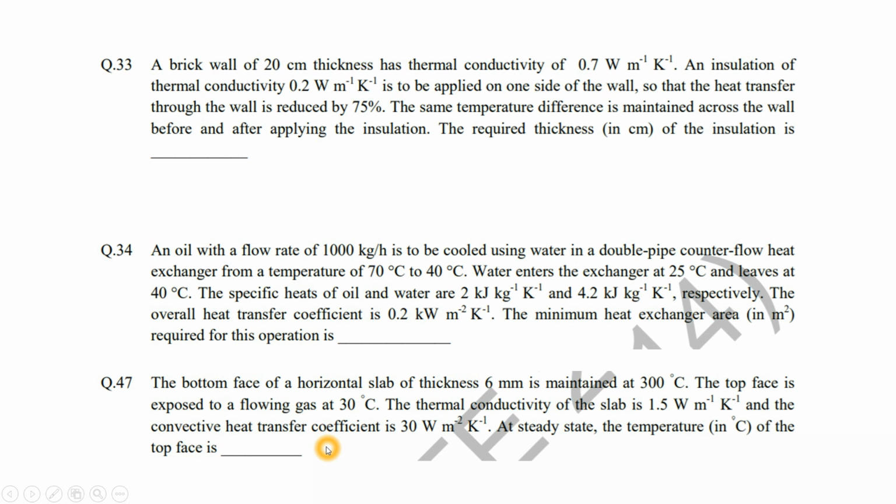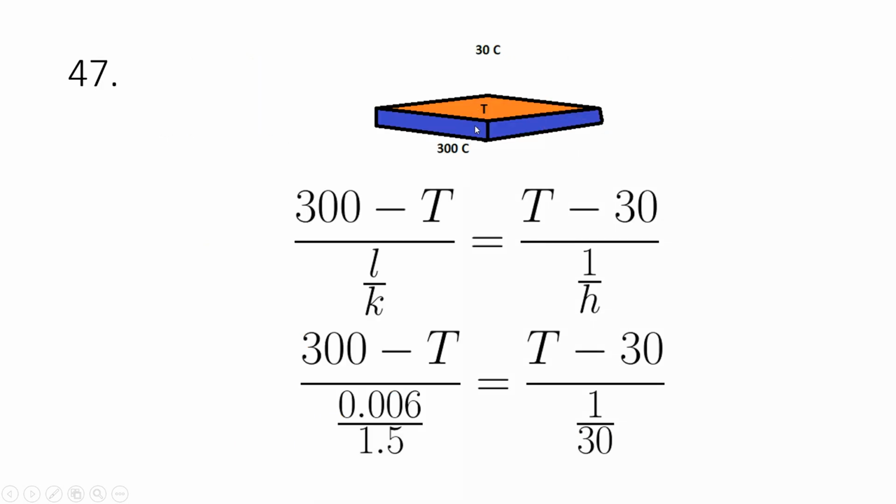So let's start with the solution. This is the horizontal plate, and the bottom is maintained at 300 degrees centigrade, and the thickness is 6 mm, right? And the upper surface temperature, I am assuming it T, and the temperature of the air is 30 degrees centigrade. So at steady state, heat transfer through the slab will be equal to heat transfer from the surface to the air.